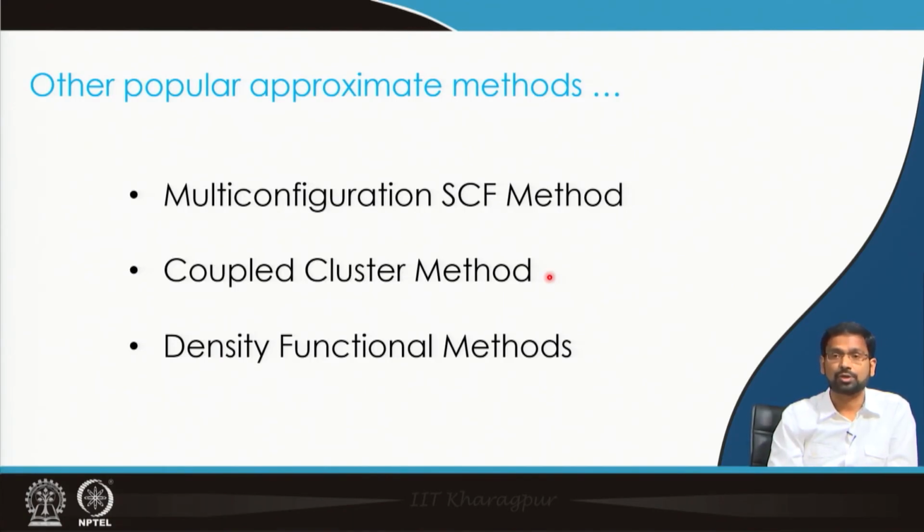electronic correlation calculations. But apart from these wave function methods that we discussed, like let us say Hartree-Fock, CI, MP2, MCSCF or coupled cluster, there exists a different class of methods. They go by the name density functional methods. As opposed to wave function methods, their primary starting point is the density of the system, and density functional theory requires a different starting point.